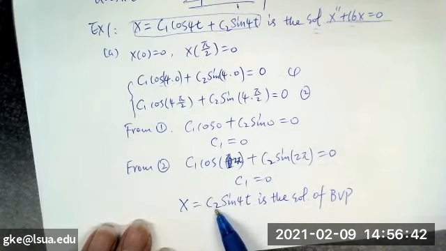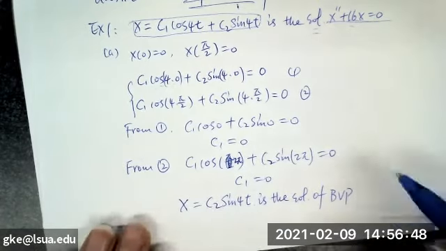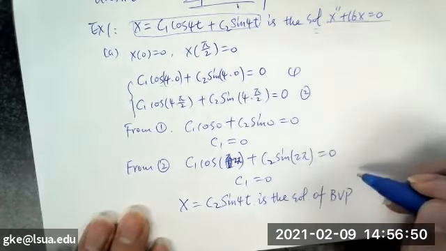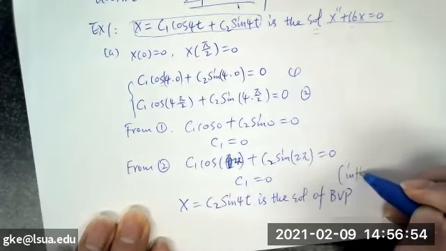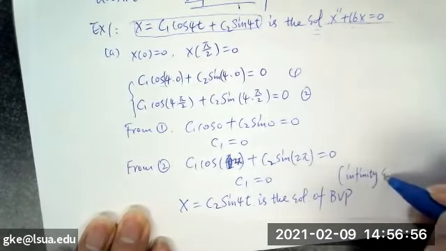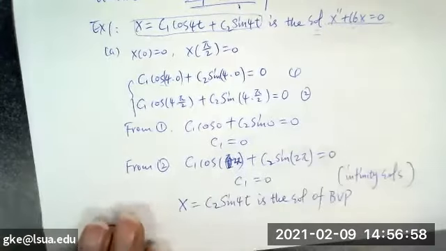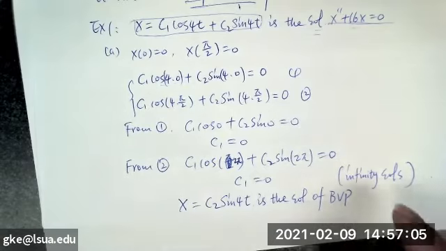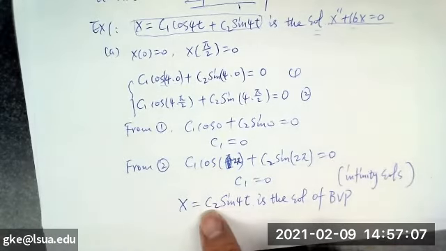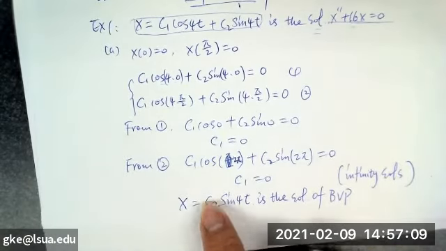C2 can be any real number. Did you see it? C2 can be any real number. So that means we have infinity solutions for this case.